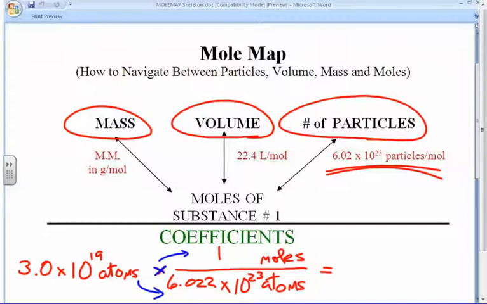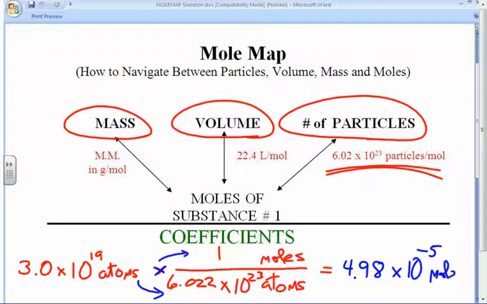And if we enter that into our calculator, we find that 3.0 times 10 to the 19th divided by 6.022 times 10 to the 23rd is 4.98 times 10 to the minus 5, and that's moles.